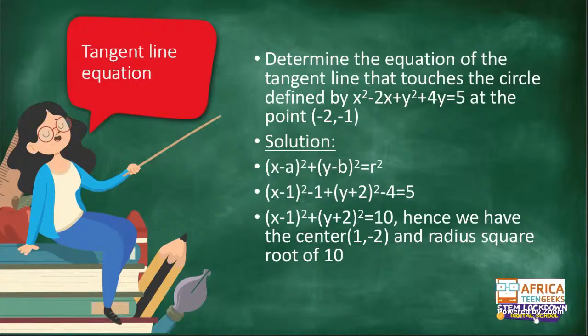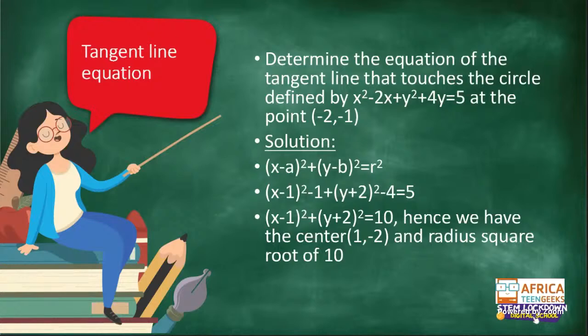You have to use the standard equation that I gave you yesterday, which is x minus a all squared plus y minus b all squared, equal to r squared. The derivative part, we're going to see how we do it also, but here is the one that you have to use.